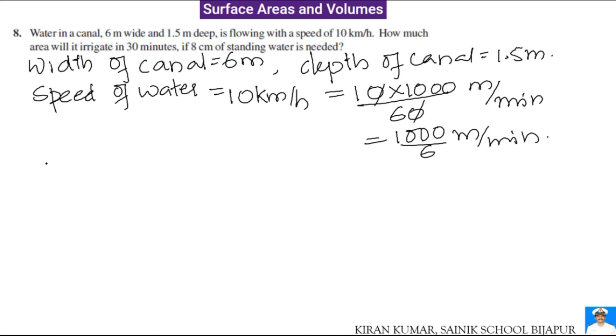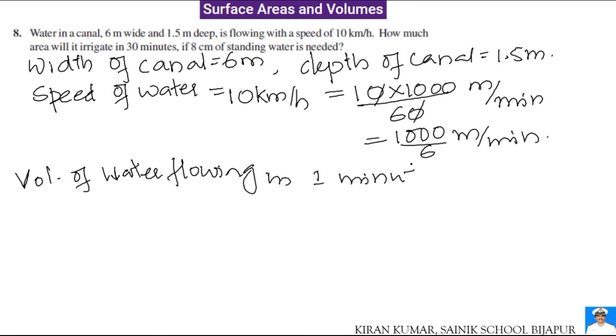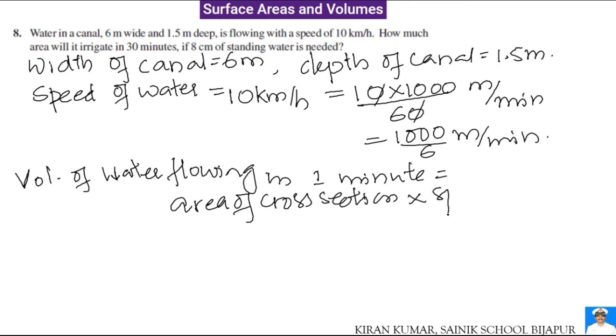So we can find out the volume of the water flowing in a minute, in 1 minute, will be equal to area of cross section into speed. Here the area of cross section is 6 into 1.5 into speed.